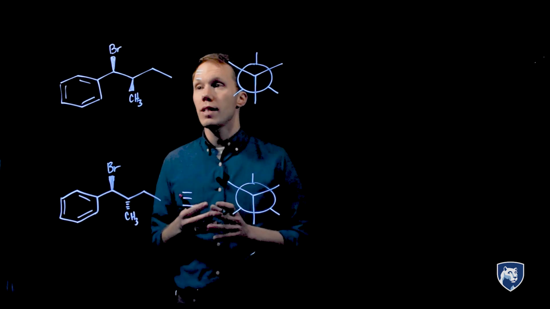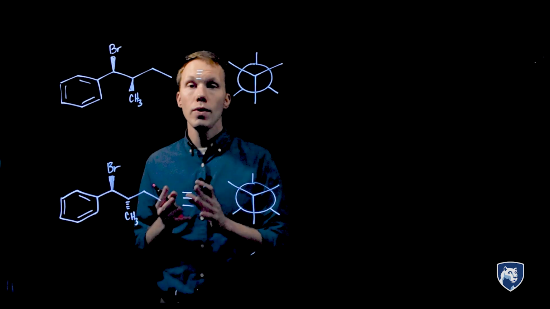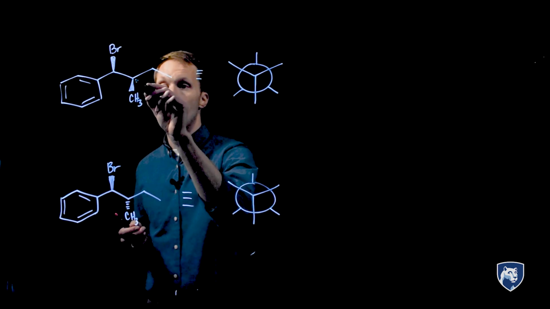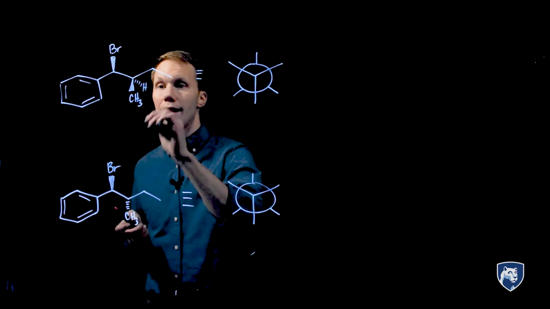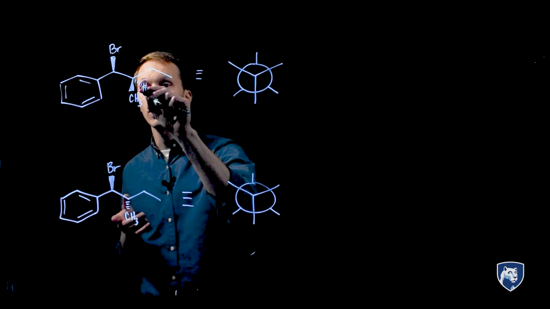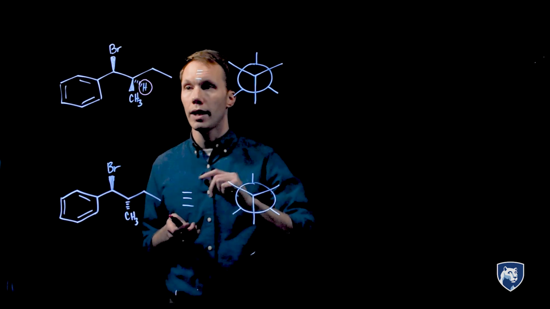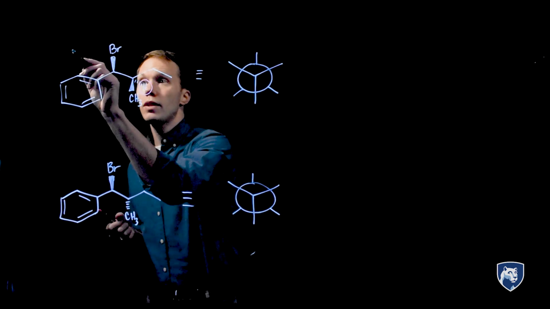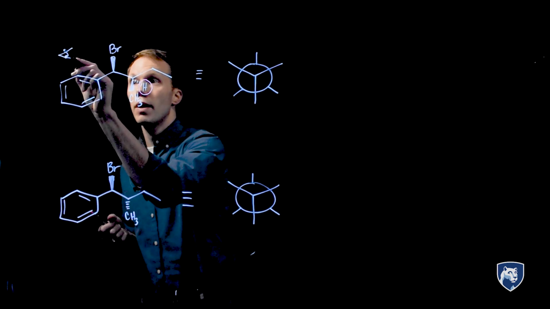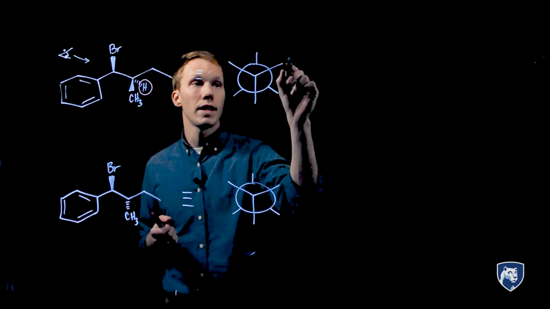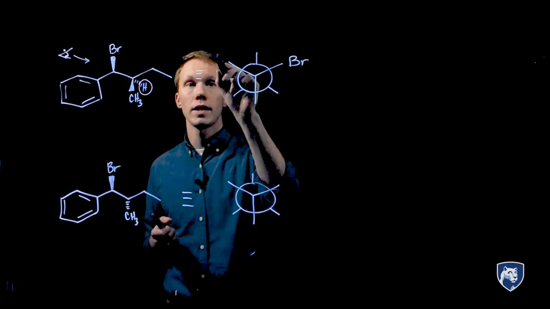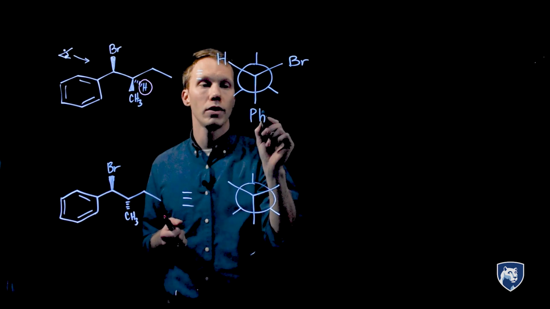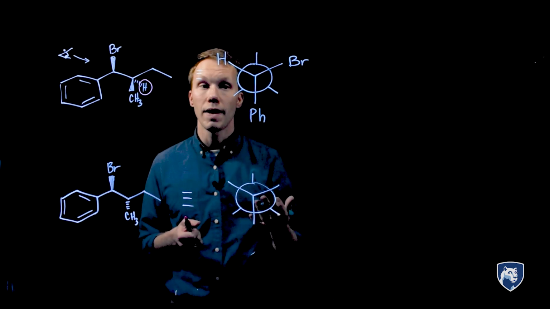In our first example here, we know that the leaving group and beta hydrogen must be anti-periplanar. I'm just going to draw in that beta hydrogen here and circle it for us so that we know what we're looking at. Here in the Newman projection, if we look down this bond, we would see our bromine here and our hydrogen here, and the benzene ring, I'll abbreviate it as Ph for phenyl.